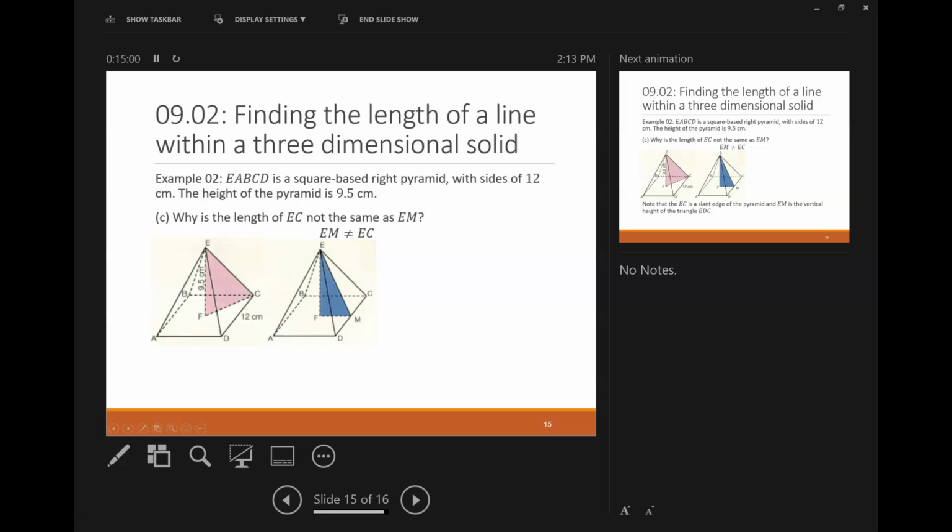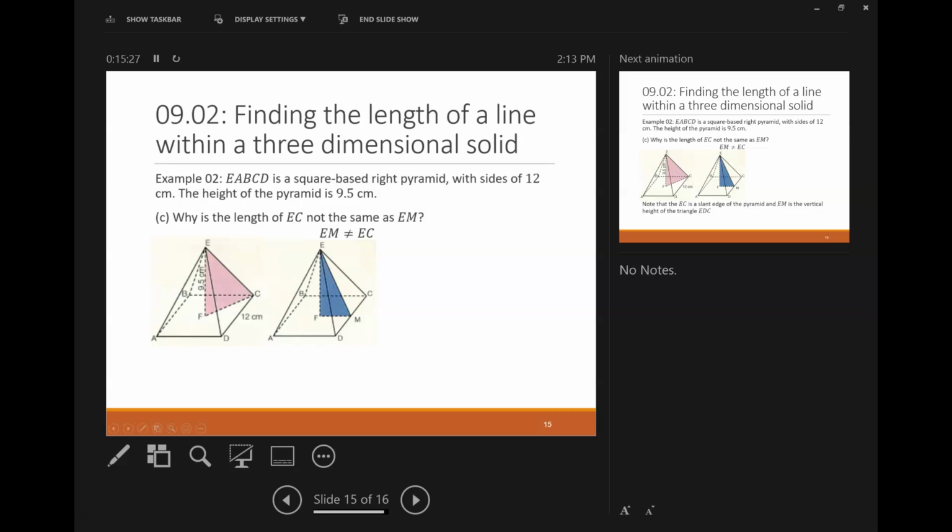I like the idea, if you take a look at the triangle EMC, that contains both those segments, right? That's another right triangle, isn't it? In that right triangle, EC is the hypotenuse, right? So it definitely can't be the same length as one of its legs. I think that's a nice explanation on that.